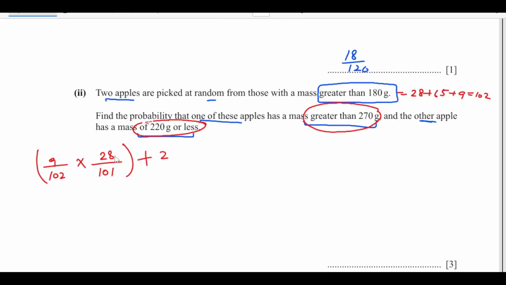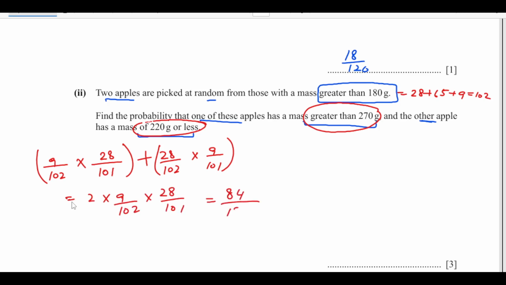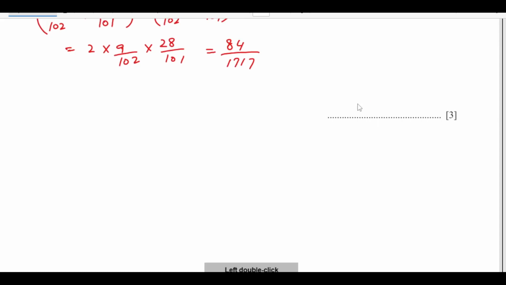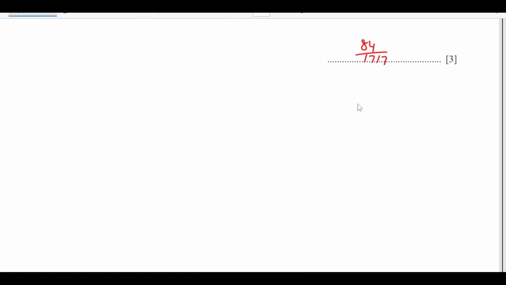It can be also like first one 28 over, then second one we picked it. So this is going to repeat twice. So this actually is 2 times 9 over 102 times 28 over 101. Once you calculate, this comes out to be 84 over 1717. Okay, so final answer is 84 over 1717, right?